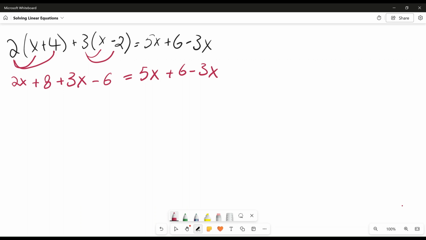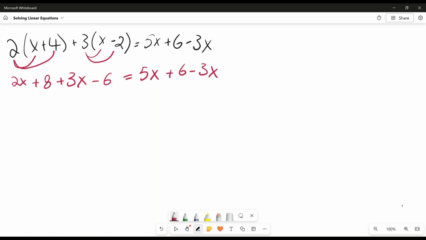That means we can go ahead and combine like terms, or bring like terms together. So I am going to bring my x terms together, and then I'm going to bring my number terms together. So all my x terms are going to be moved to the left, and all my number terms are going to be moved to the right. It doesn't matter what you start with, okay? What I'm going to do is I have an 8 here and I have a negative 6.